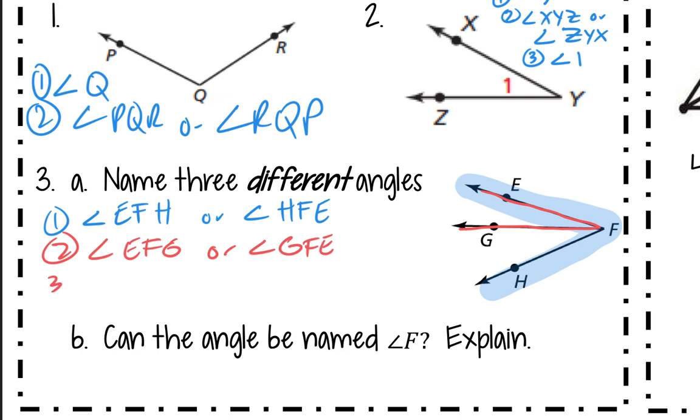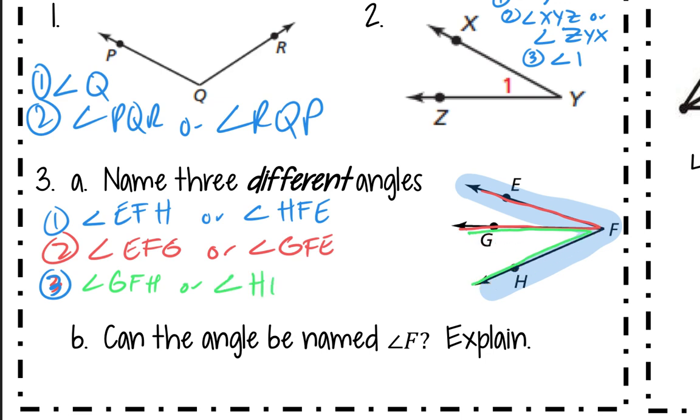And then the third angle, let's make it a green color. Let's say like this one right here. That's another angle. So we can call that angle GFH. Or what's another way of calling it? The other way, HFG.